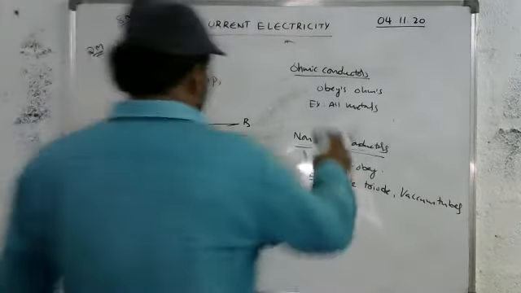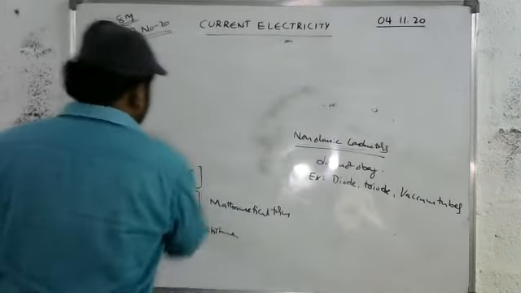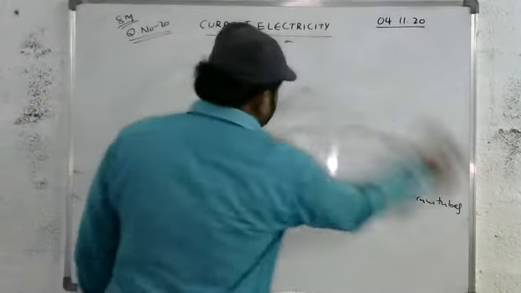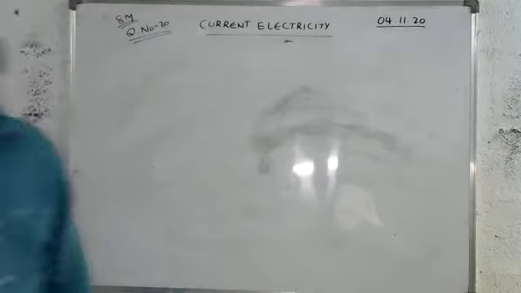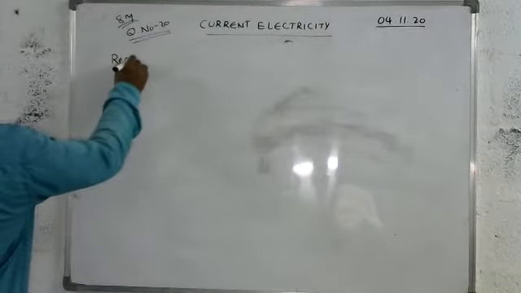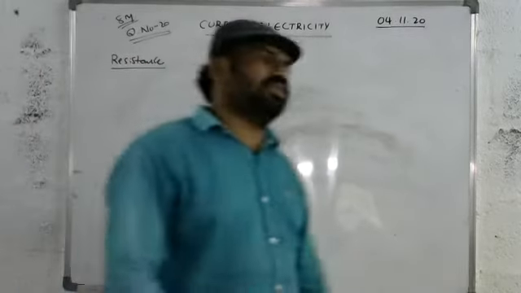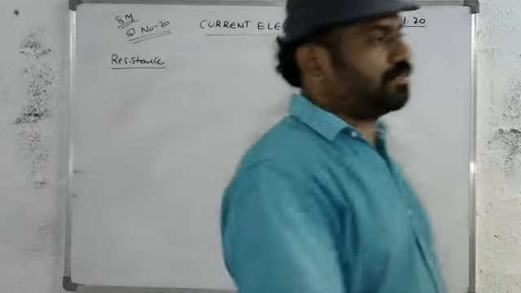Now, what is a resistor and resistance? What is resistance? Resistance is the property of the conductor that opposes the current.